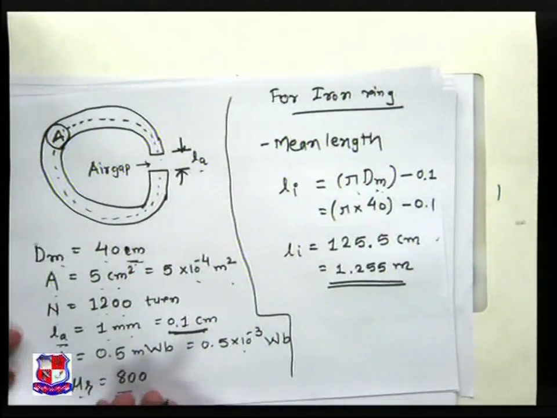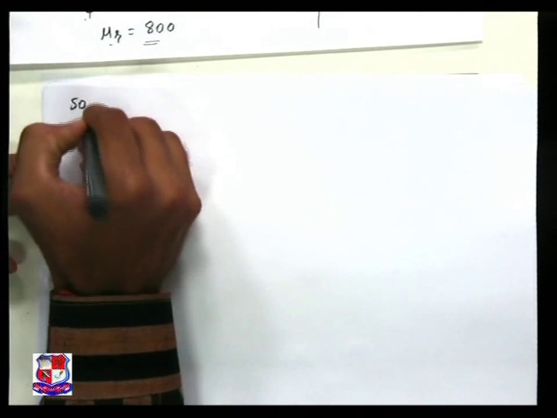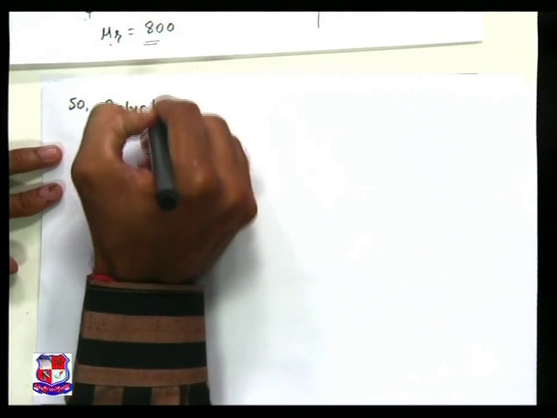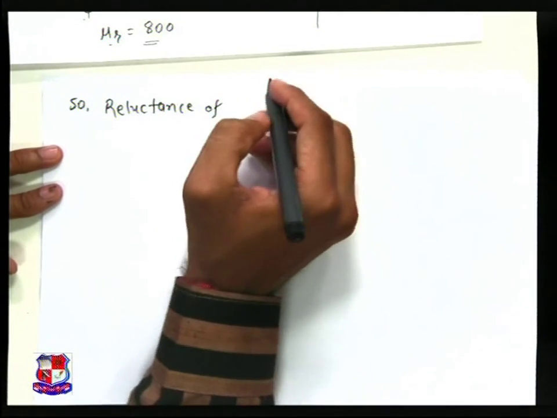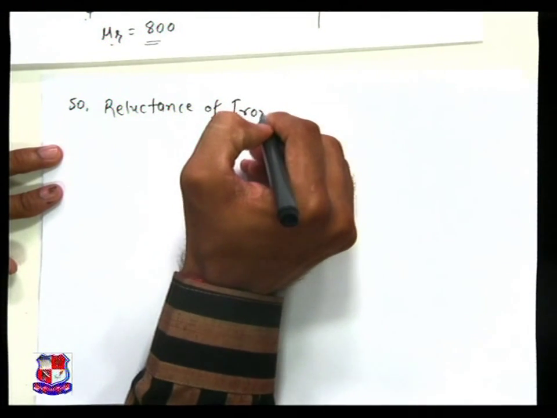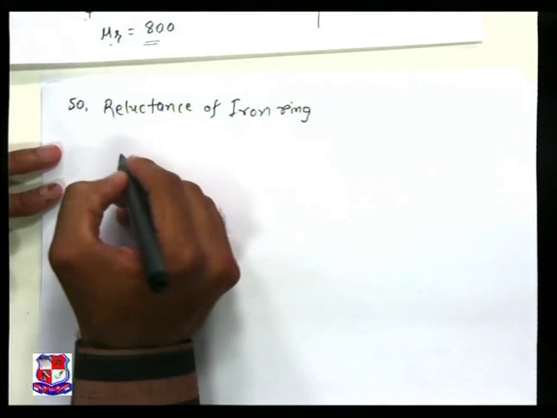Now we find out what is the reluctance of the iron core. Find out the reluctance of the iron ring.